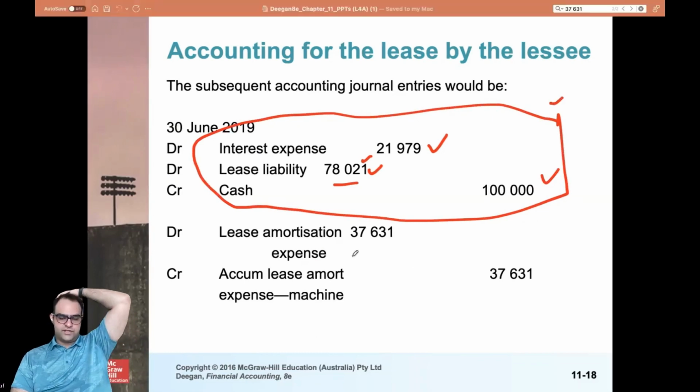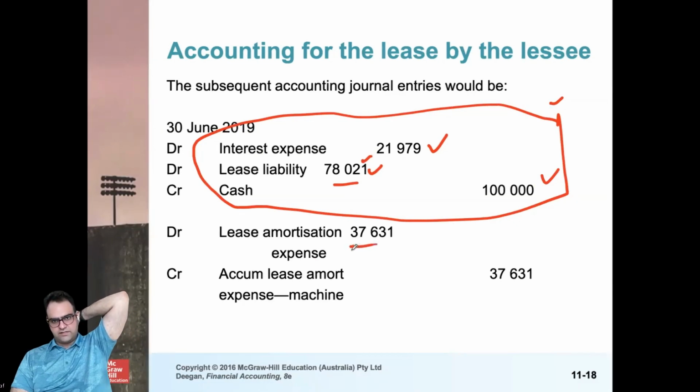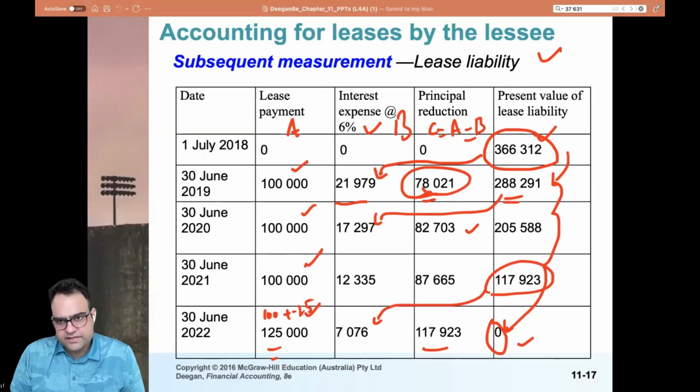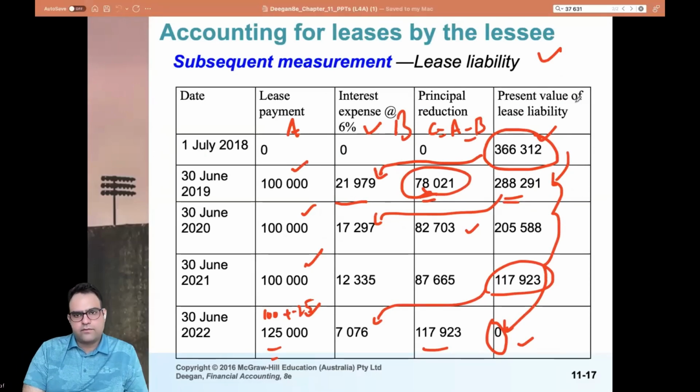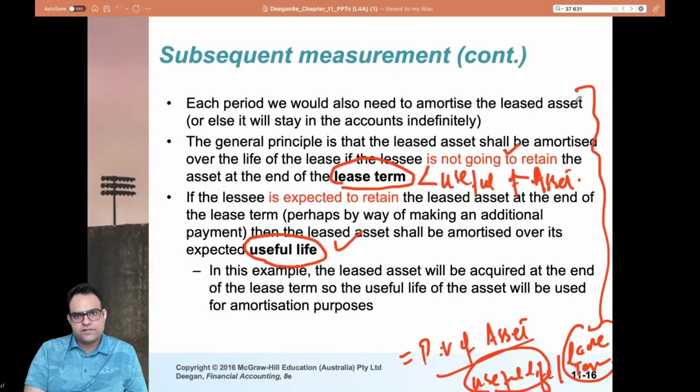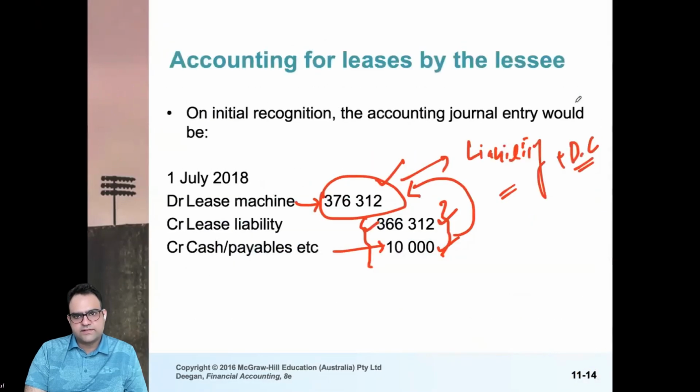Then for the amortization. Here the amortization amount given is 37,631, which is basically based on the present value, which is the asset value, which includes the double cost as well. Yes, the asset value is 376,312.